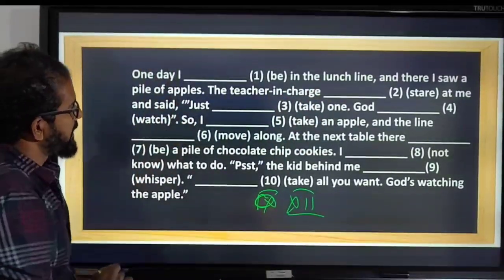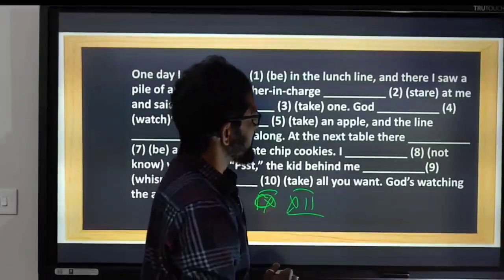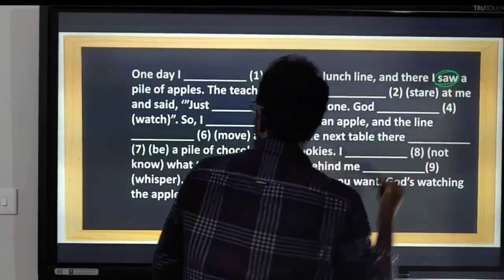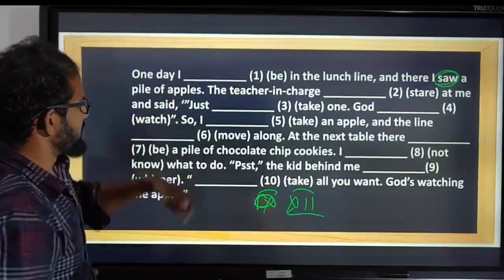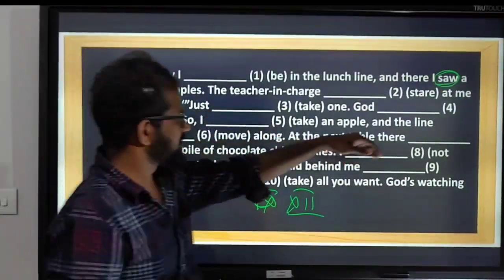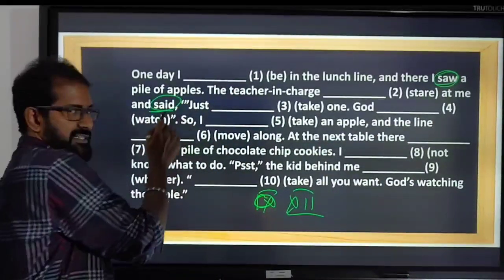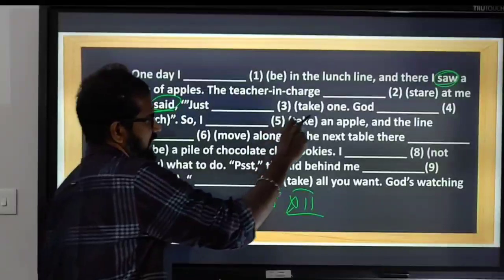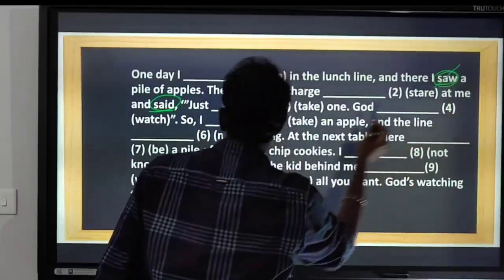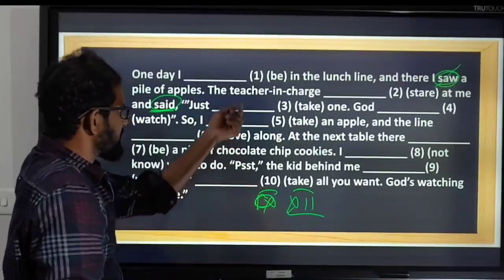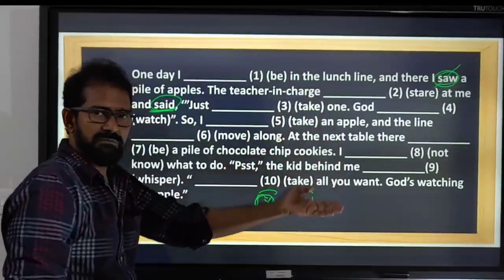One day, I be in the lunch line, and there I saw a pile of apples. The teacher in charge stared at me and said, just take one. So these words, said and saw, tell us the paragraph is in past tense.